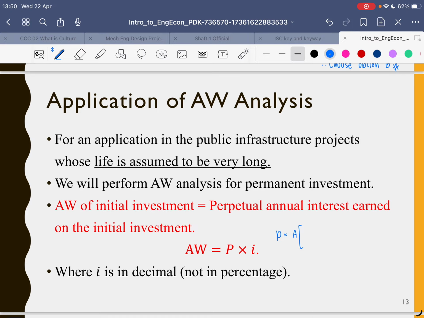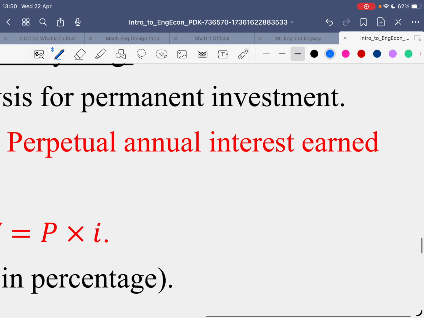You know that P is equal to A multiplied with 1 plus I to the power of n minus 1 divided by I times 1 plus I to the power of n. This is what we have derived before.